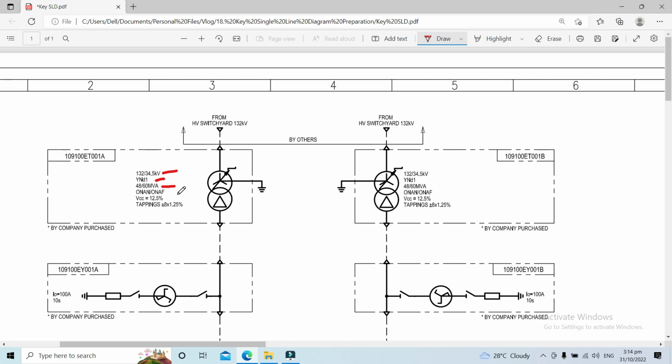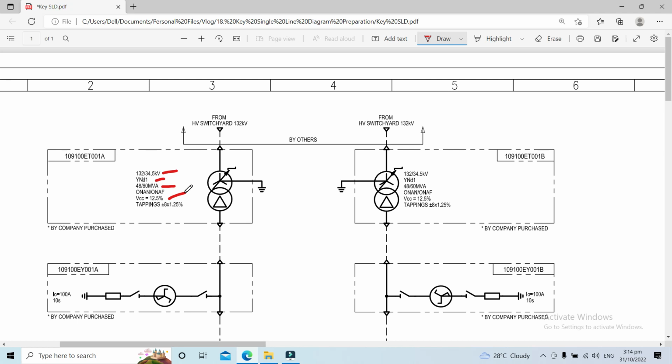This is the percent voltage required to circulate rated current through the transformer winding when the other winding is short-circuited, at rated voltage tap and rated frequency.